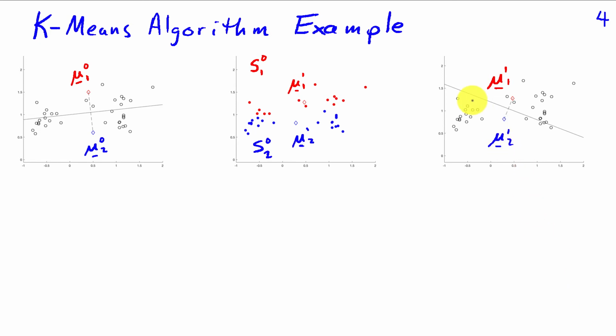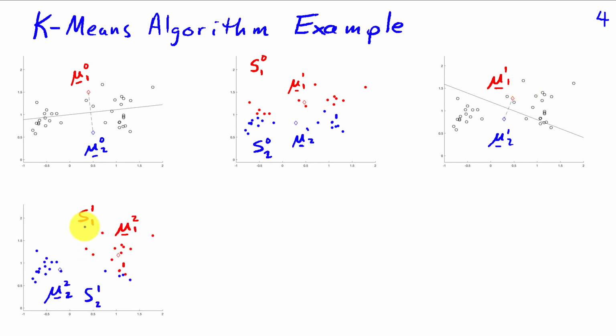We'll assign data to the centroid that is closest to the data vector, and we can visualize this based on the perpendicular bisector. In this case, data below this solid black line is going to be assigned to cluster 2, whereas data points above the solid black line are going to be assigned to cluster 1 because that's the closest centroid. I've recoded the data representing this new partition into these 2 clusters, S1 and S2, shown in red and blue.